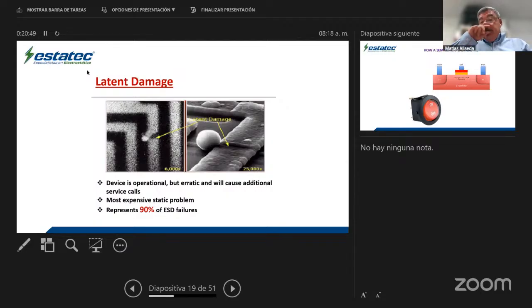Probably in the next step of production or with the end user. So it's important, because this latent damage is the most expensive one: quality, reputation, increased field service, RMAs, customer confidence. That's important to know.